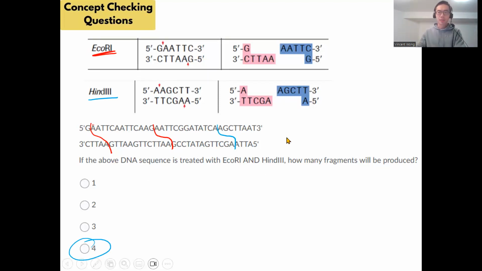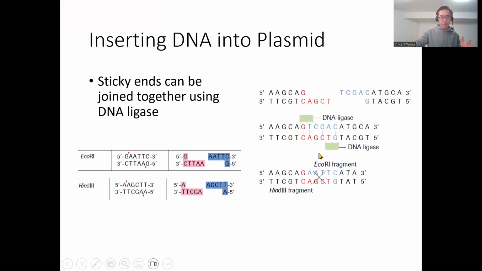All right. So now we want to know how to put this into the plasmid. And to do that, we're going to have to create the sticky ends. So you can see if you cut it with the same restriction enzymes, then the fragments can stick together.